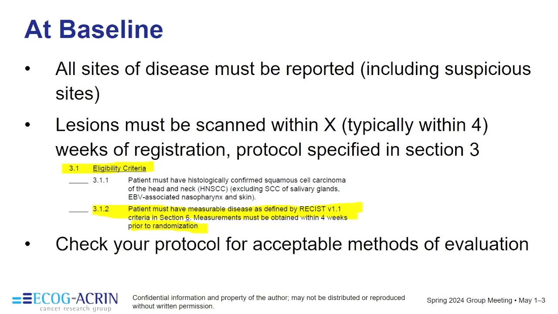Lesions must be scanned within the protocol window. This will typically be within 4 weeks of registration, but this may be protocol specific. So make sure you're looking at section 3 to determine what that appropriate window is. And then also check your protocol for acceptable methods of evaluation. This could be in section 3, and it could also be in section 6.